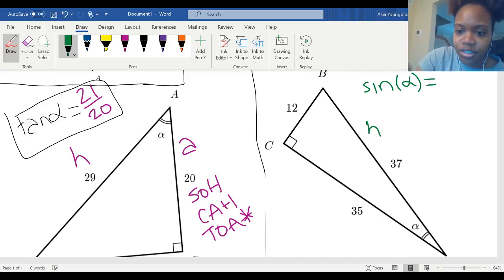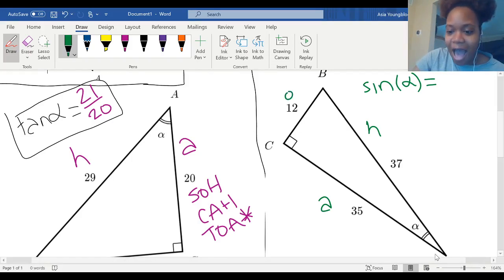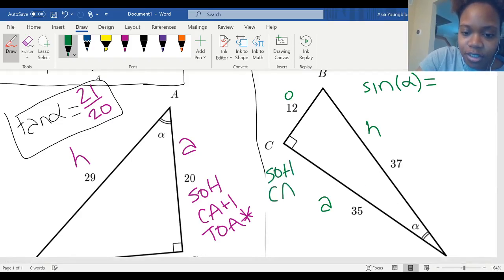This is H because it is across from the right angle. This is A because it is touching our reference angle alpha. And this is O because it is opposite our reference angle alpha. Remember, you don't have to write this every time like I am, but it's just helpful for me to write it.